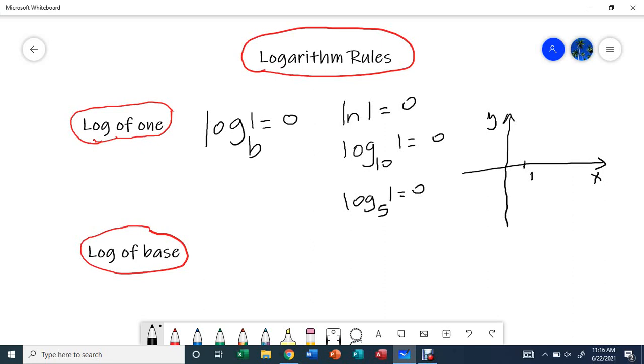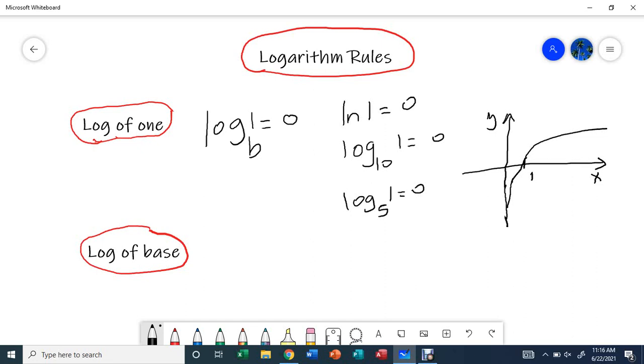The graph of log looks like this, and it's going close to the y-axis because the y-axis is a vertical asymptote, so something like this. So just remember, log of 1 is always 0.